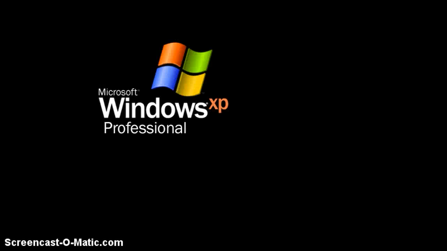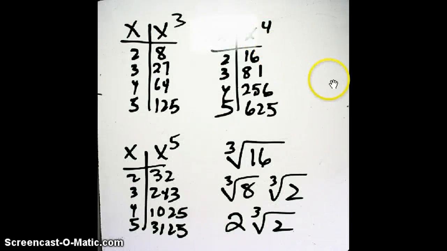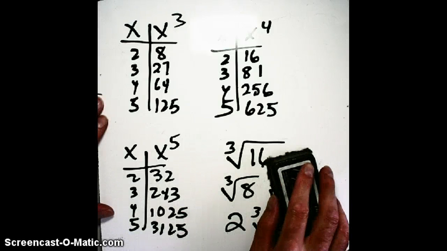Right? 8 times 2 is 16. This radical type is cubed root, and this you know is equivalent to the number 2. So the simplified version is 2 cubed root of 2. Now that's the basics of working with radicals. There are a lot of other things that you need to know. That kind of hits some highlights.